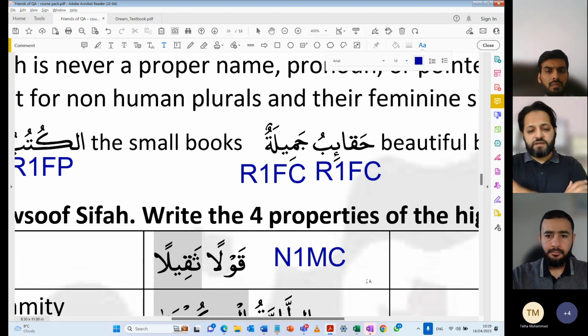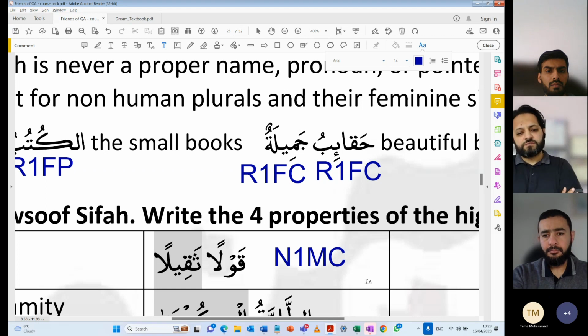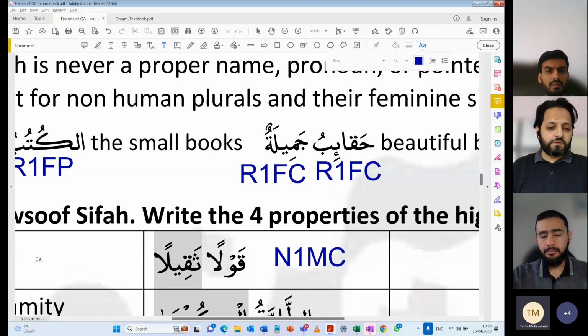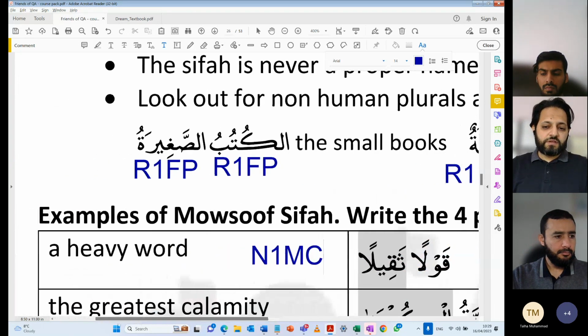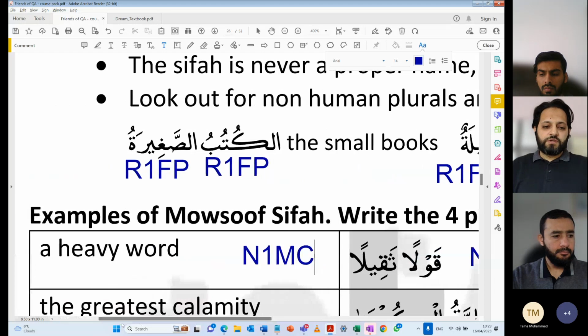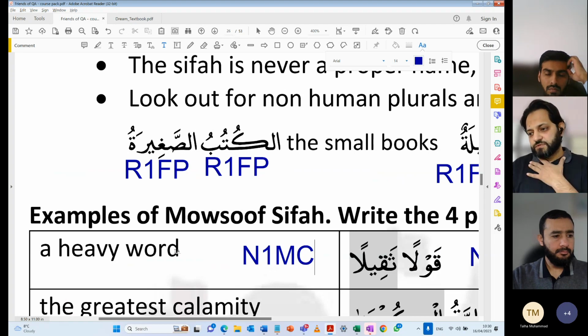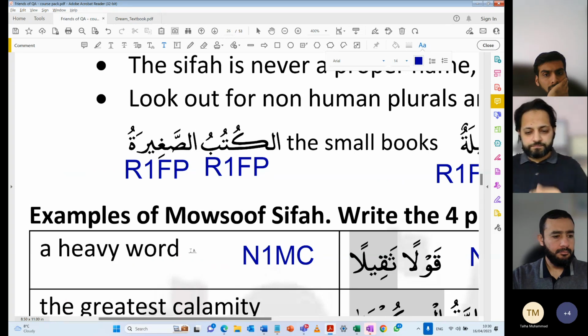And do the same four properties apply to saqilan? Yes. Right? It's nasab, it's singular, it's masculine, it's common. Right? Mawsoof sifa. Qawlan saqilan. That means a heavy word. So word is qawlu. You see the qawlan is coming before, but in English the word is after. The sifa is before. Right? It's flipped.